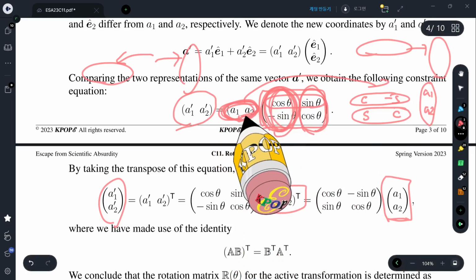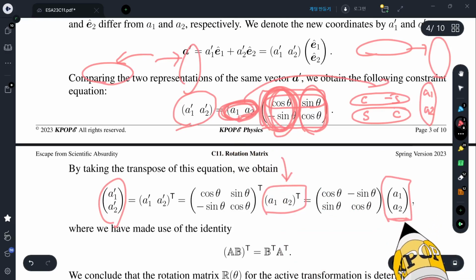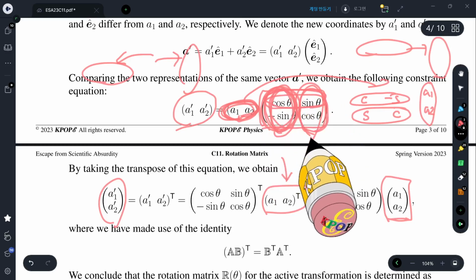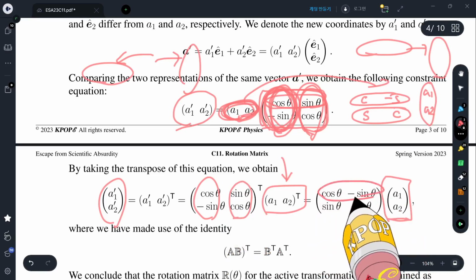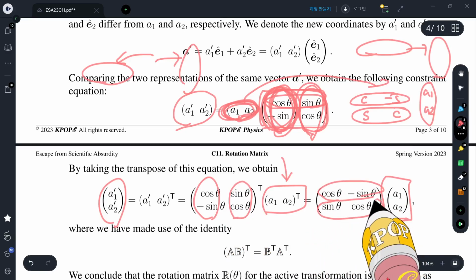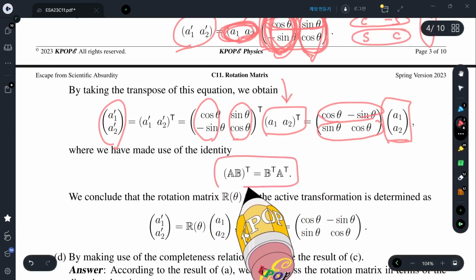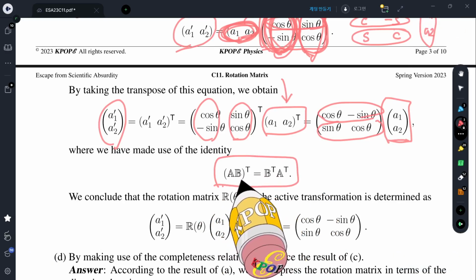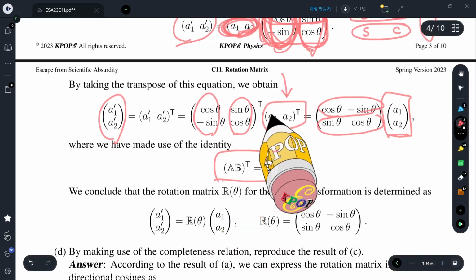Okay, so this row vector has been transformed into a column, and these two columns have been transformed into rows. As a result, if you learn mathematics, you will find that this is a general relationship for computing the transpose of the product of matrices, but here it's enough.